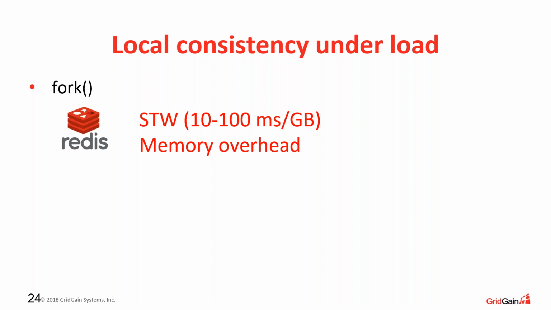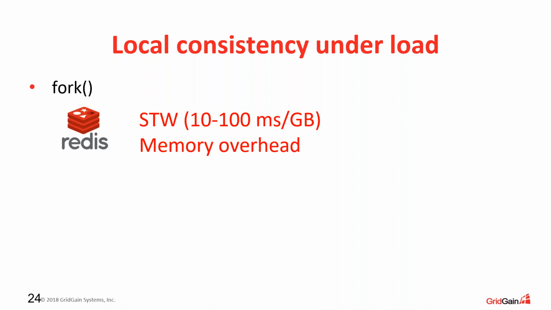It requires from 10 to 100 milliseconds per gigabyte of process memory. That means if you have a node in the cluster that uses 100 gigabytes of RAM, you need to freeze your activity for 1 second. We have deployments with over 700 gigabytes of RAM per node, so this makes this approach inapplicable at all.